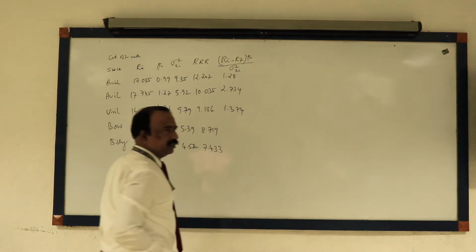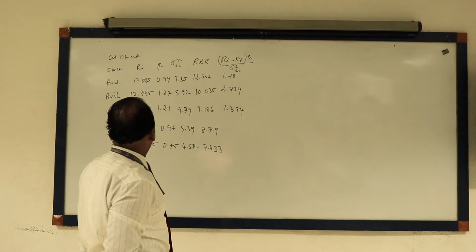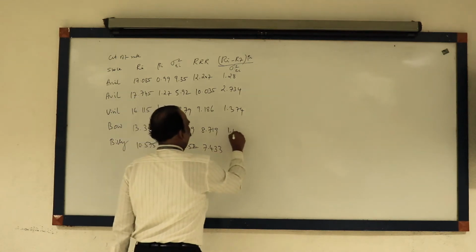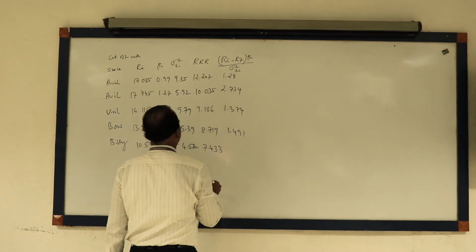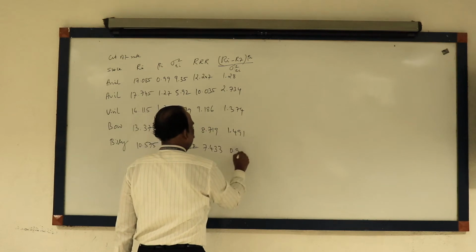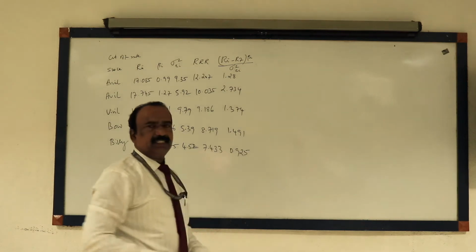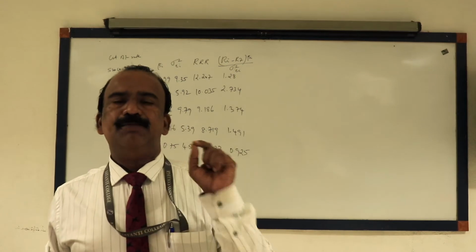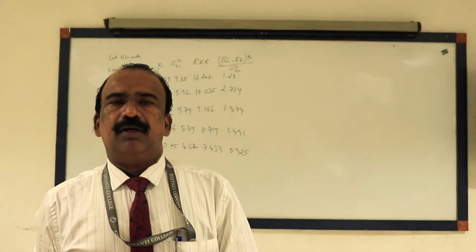Some of you can kindly check. Then 1.491. Then 0.925. This is the first sub-step in computing the cutoff rate.